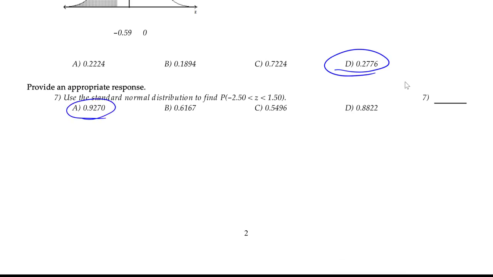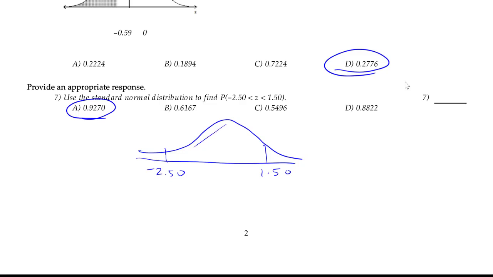So there it is. This one looks like this. We have 1.50, and we have negative 2.50, and we're looking for everything in here. So we did the value here minus the value here to get our 0.9270.